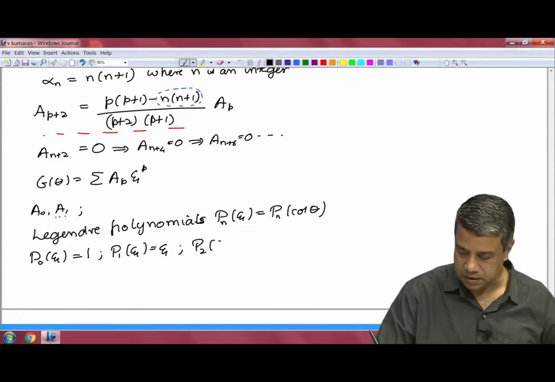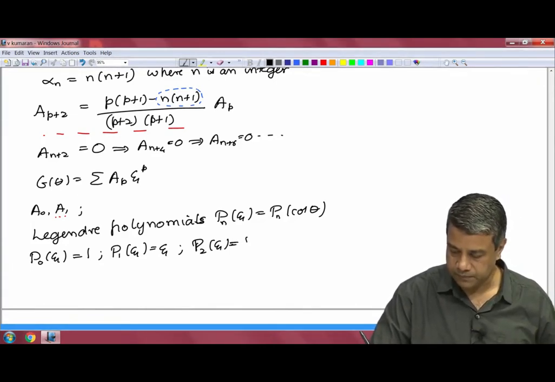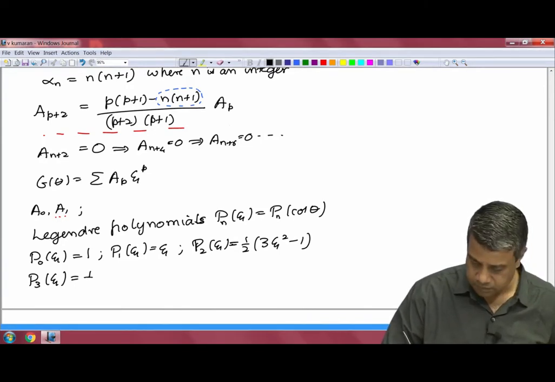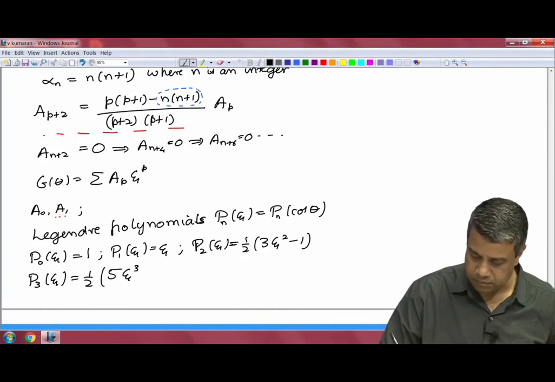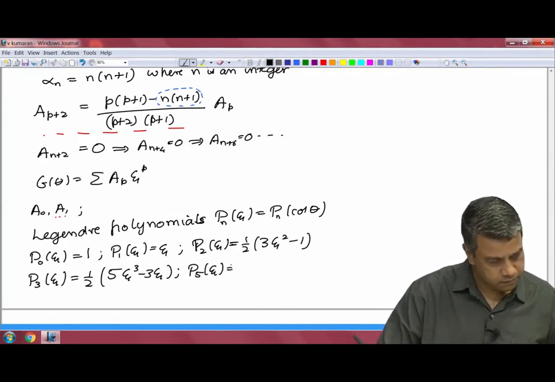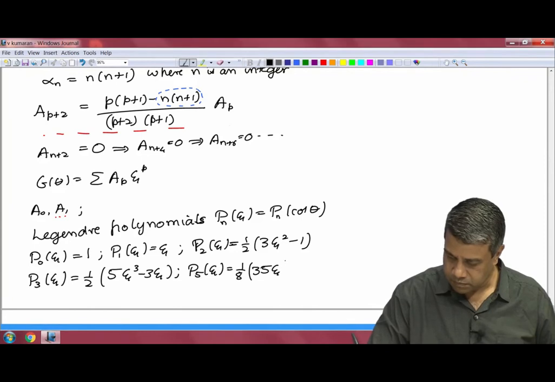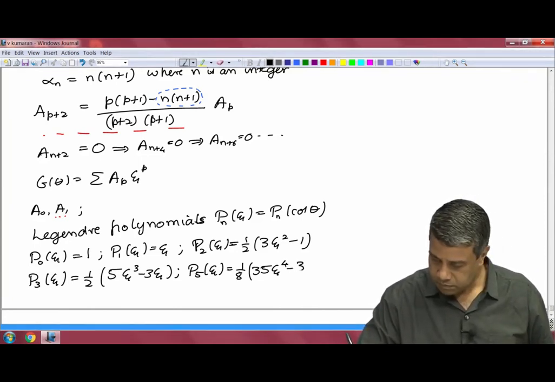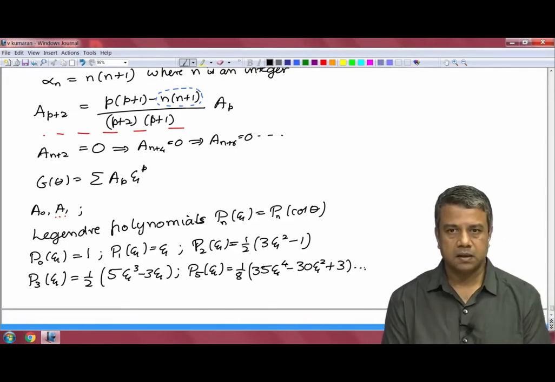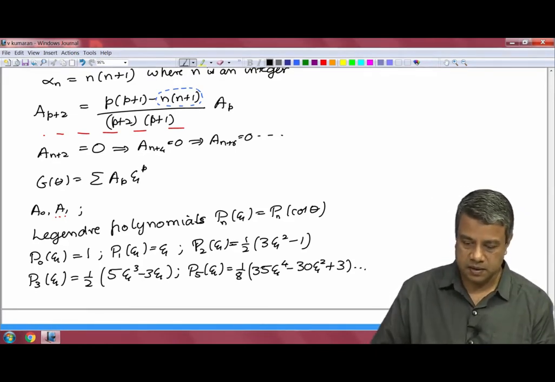P2 of psi is equal to half of 3 psi square minus 1, etc.